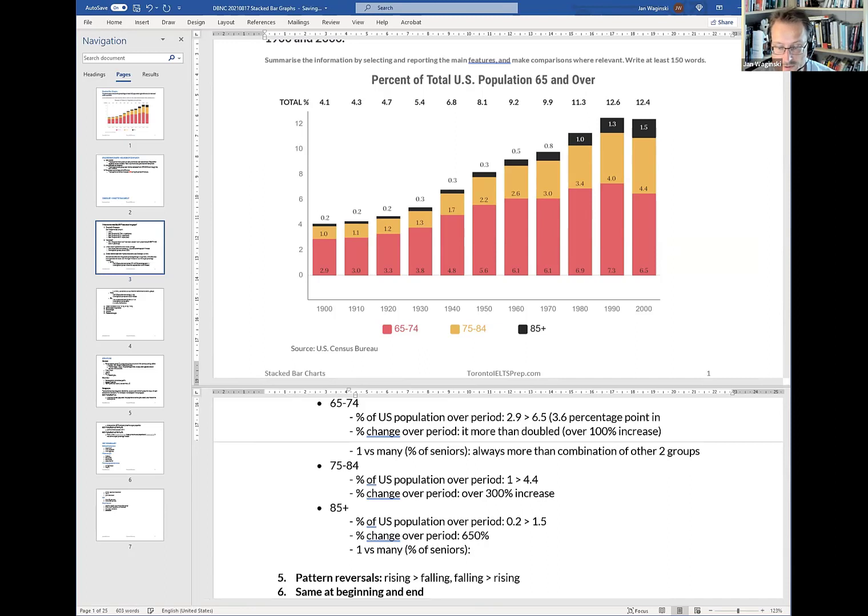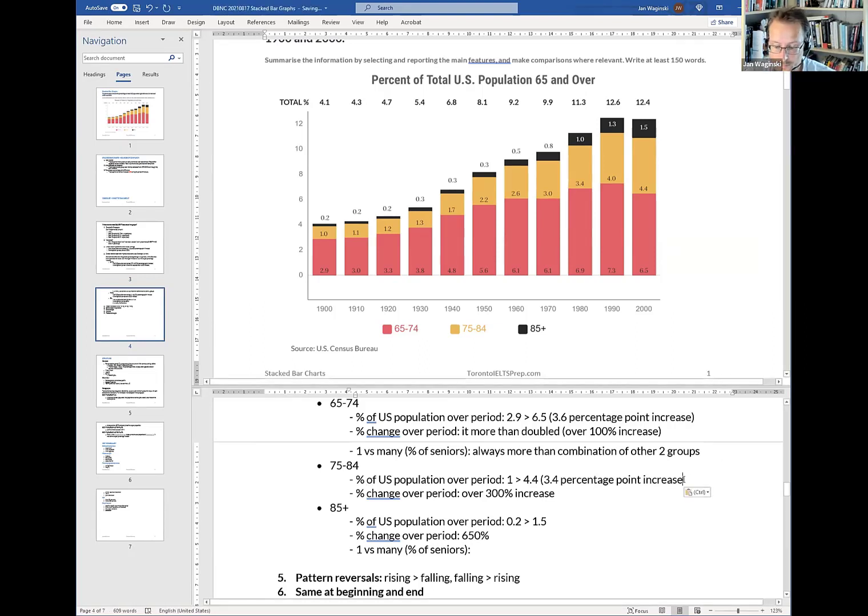Percentage point increase. This one here, you've got a 3.4 percentage point increase. And here, notice it just keeps dropping as you get to the lower ones.